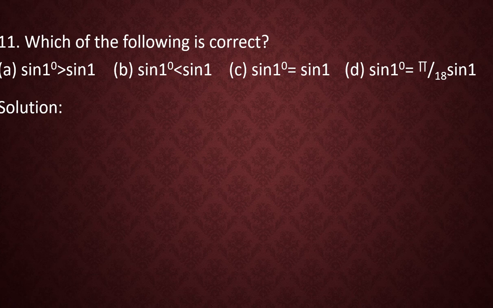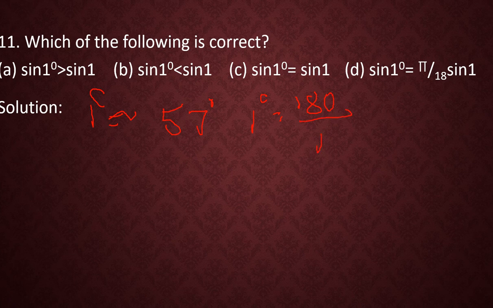So here we know that 1 radian is nearly 57 degree, because 1 radian is equal to 180 divided by pi degree.